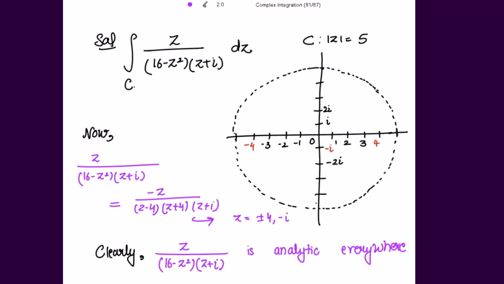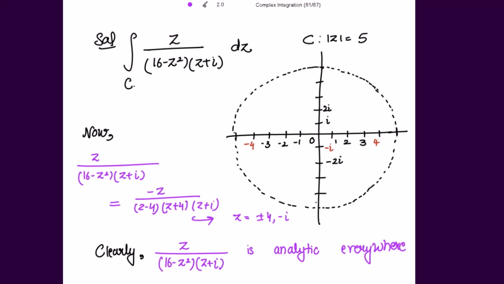So to apply Cauchy's theorem for multiply connected regions, we are going to construct 3 circles around these points.